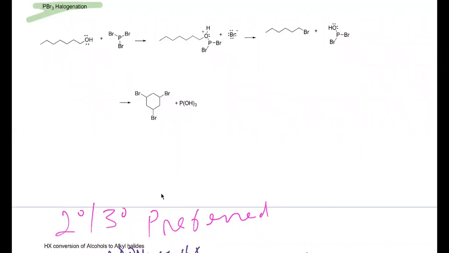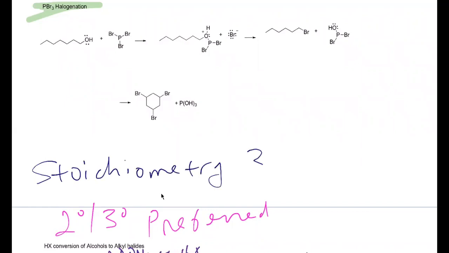There we go. All right. So the stoichiometry of this reaction is 3-to-1, right? So 3 parts alcohol, 1 part PBr3.